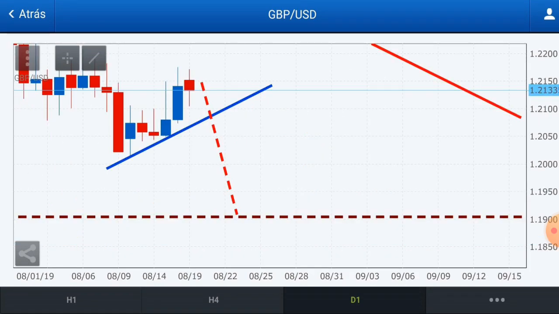Now, taking a closer look on the daily chart, you can see that the market is fairly close to hitting this price point. And as part of the downtrend, the market has actually started to pull back a little bit, which is very common when we're talking about trends, either an uptrend or a downtrend.